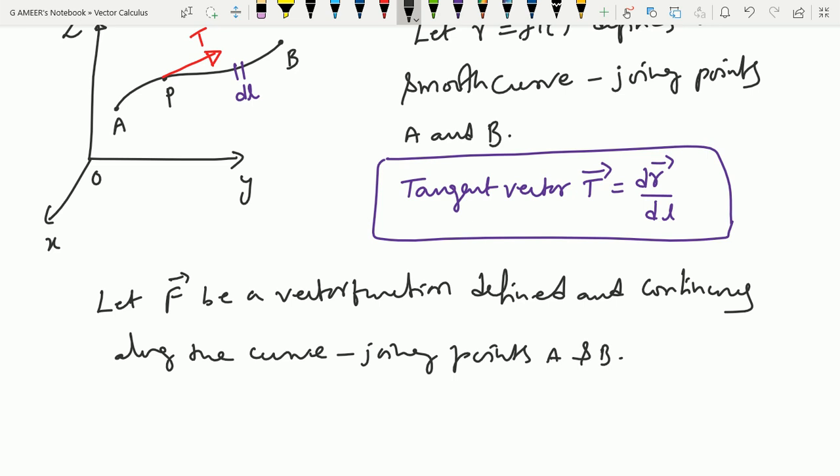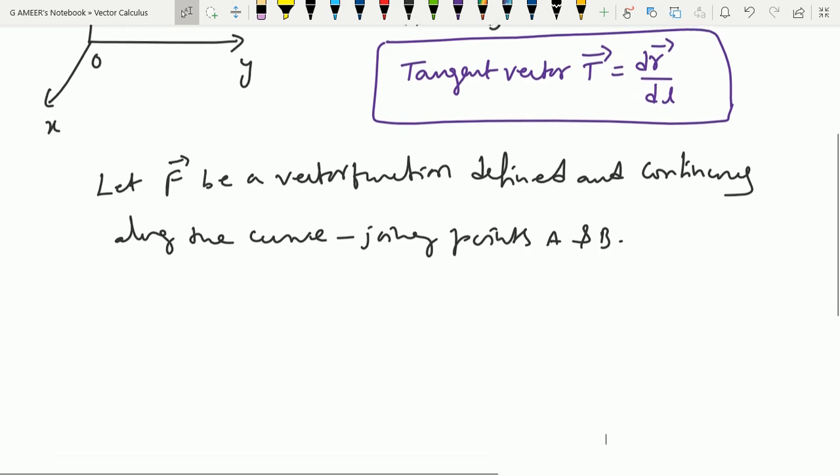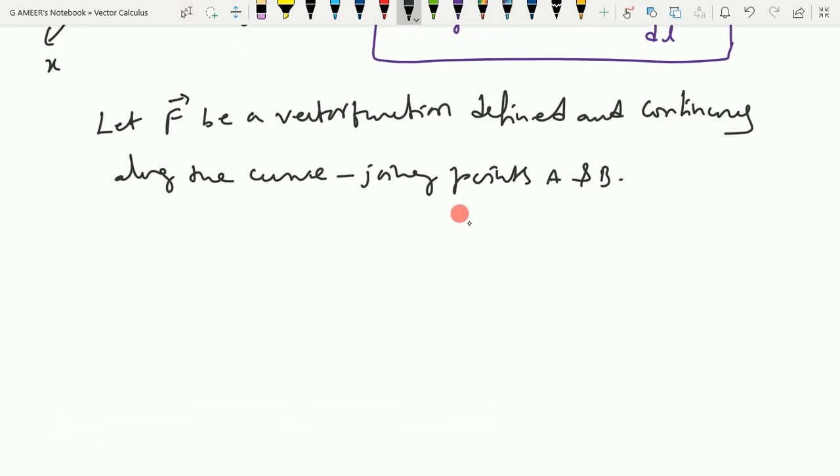Then I take an integral, let's say I, that is equal to the integration of F dot dl T cap.